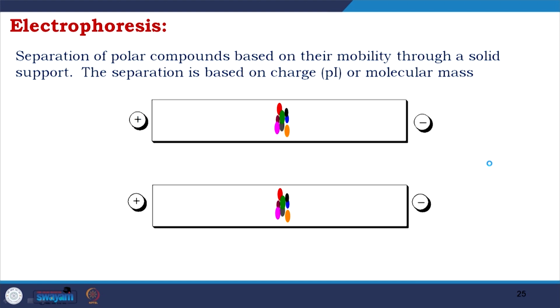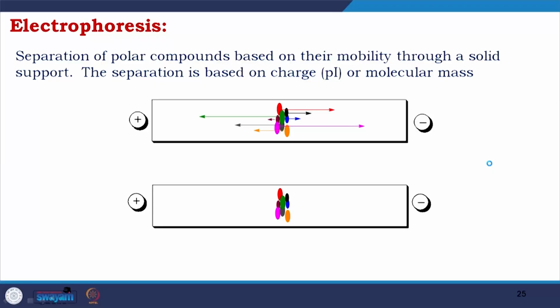The separation is based on charge or molecular mass. Generally, it is molecular mass, that is called SDS-PAGE, where we take a protein and add negative charge. So, the protein is now bound by the negatively charged SDS, and the difference coming from the negative charge the protein has does not make much influence, because the added compound is very negatively charged.